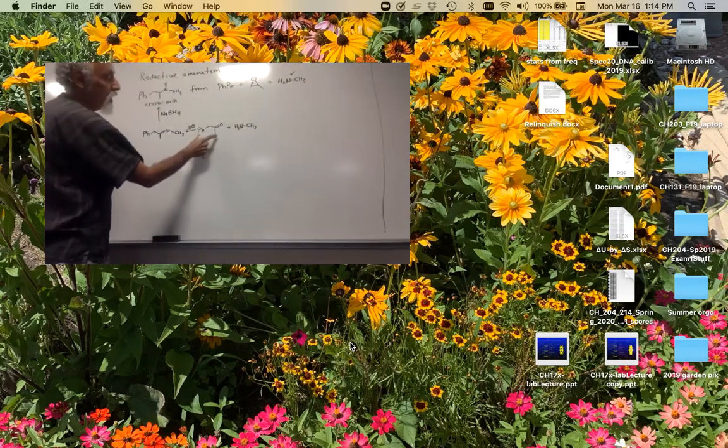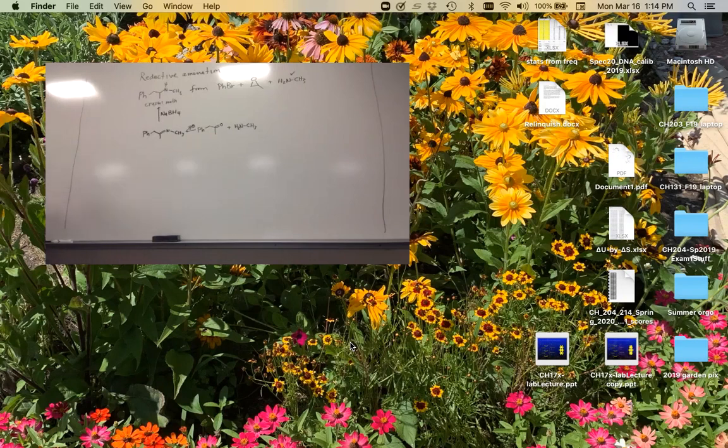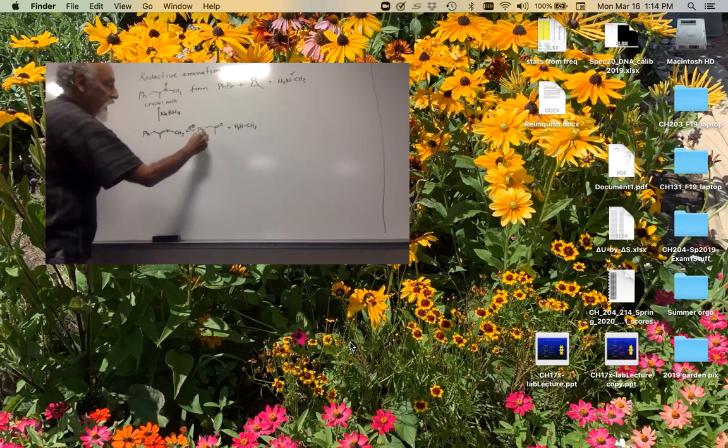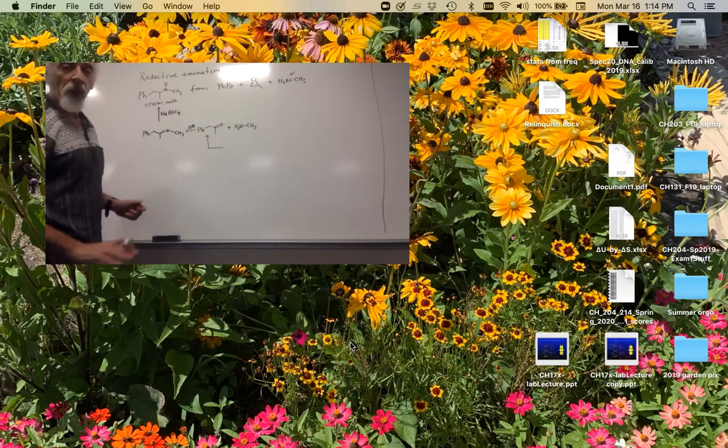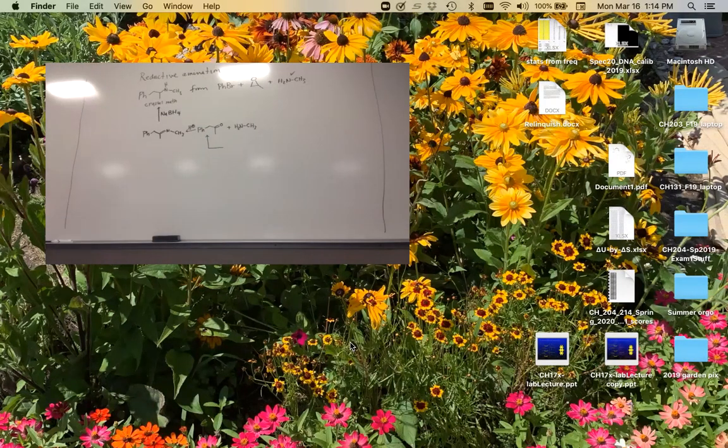Okay, and so now this is our new target here. We want to develop a synthesis for this. Okay, and it's a ketone. How do you make a ketone? Do you remember? How do you put in that carbon oxygen double bond? Give you some time to think about it. You know a couple of, I think 3 reactions that will do that.